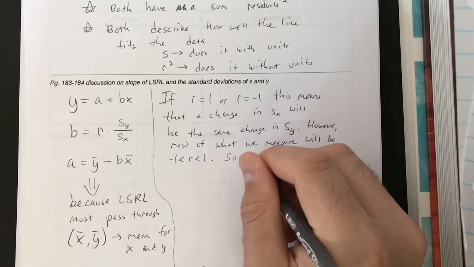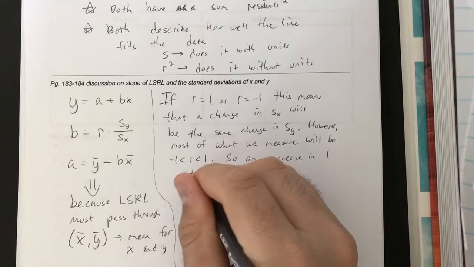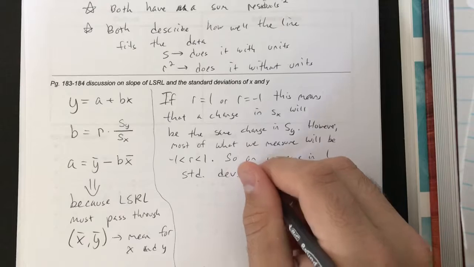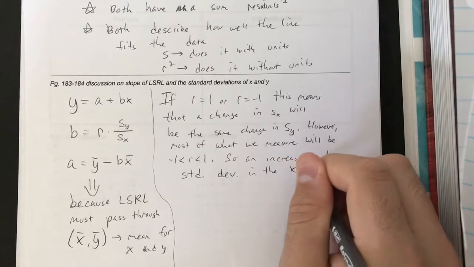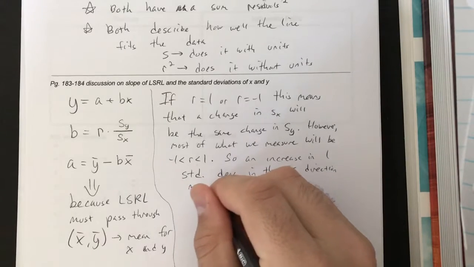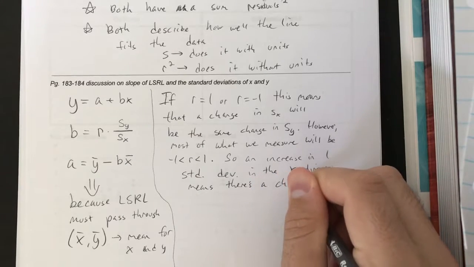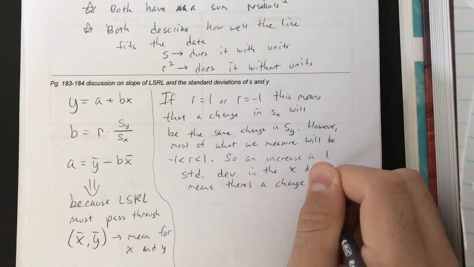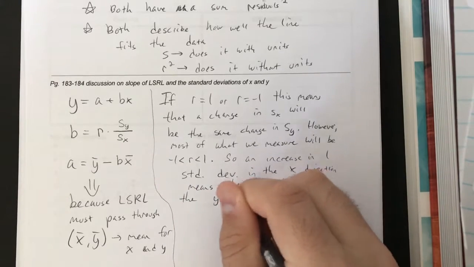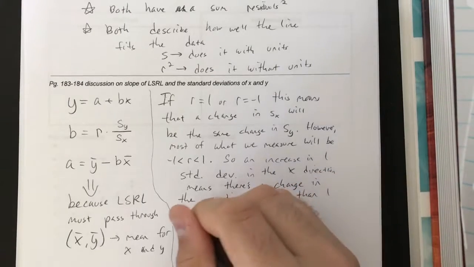So when we say an increase in 1 standard deviation in the x direction, it means there's a change in the y direction of less than 1 standard deviation.